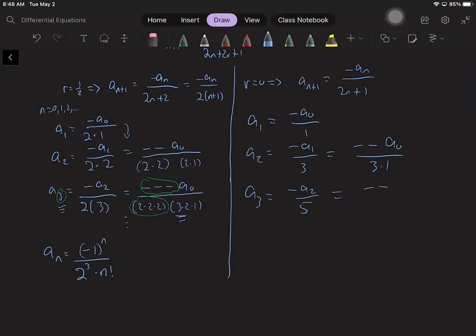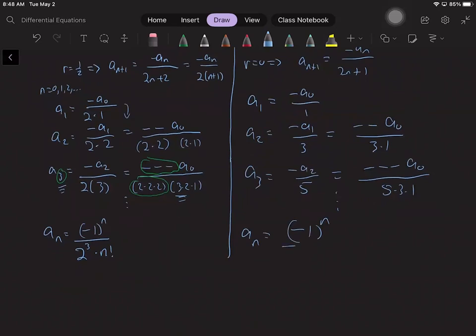So then you get negative, negative, negative a0, 5 times 3 times 1, and so on like that. So still you get the negative changing back and forth and the amount of negatives is always whatever the index is, but on the bottom, it's just multiplication of odd numbers, the last one being 2n minus 1, I guess. So when you're on the third, that would be 6 minus 1 is 5.